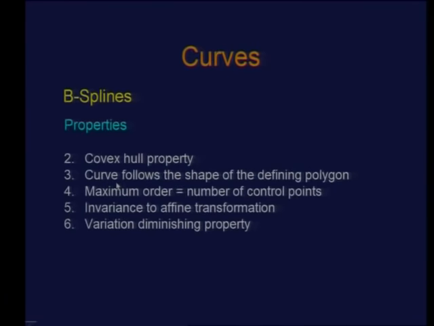And we also observe that the curve which is designed actually follows the shape of the defining polygon, right. So, that is the notion with which the Bezier curve started, where you could specify the points and the curve which is obtained follows the shape of the polygon. In a similar way, B splines offer you that property, right.